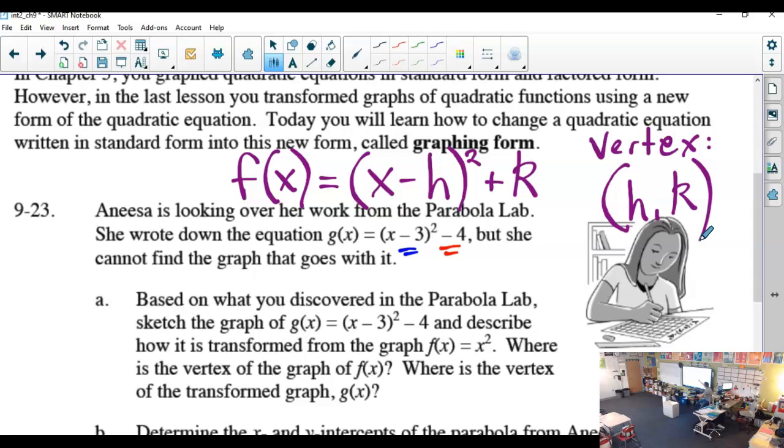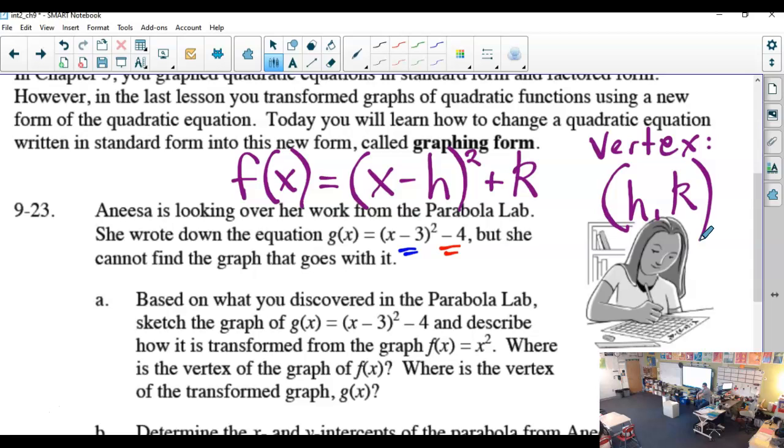Otherwise, if we wrote x plus h, we'd have to put the opposite of h over here, right? So however you want to remind yourself, but if you look up graphing form, vertex form, whatever of quadratics, you're gonna get x minus h squared plus k. Yeah, I think this one makes more sense because it makes the vertex look nicer. Here's what's really nice about once we have the vertex, we just work out from there.